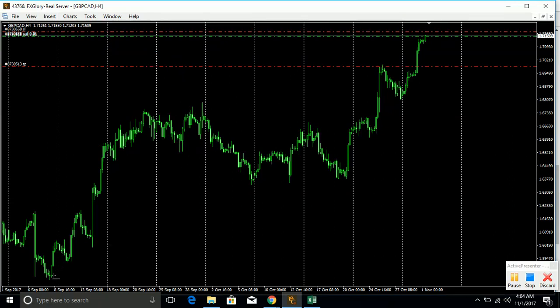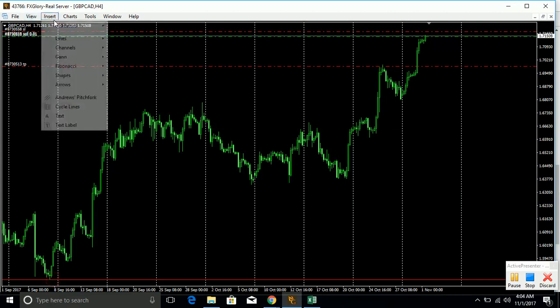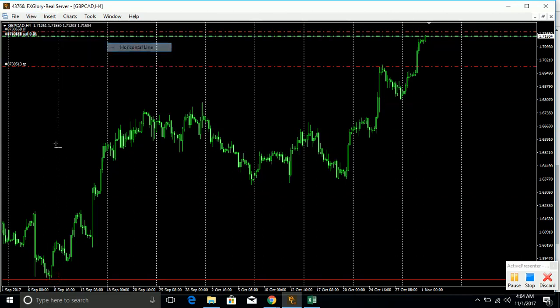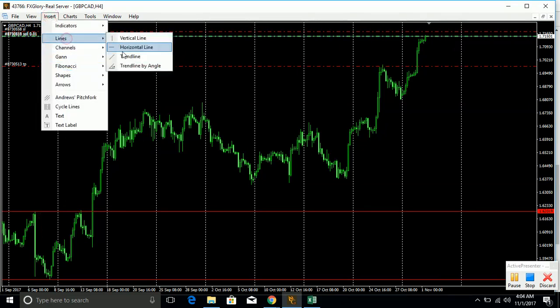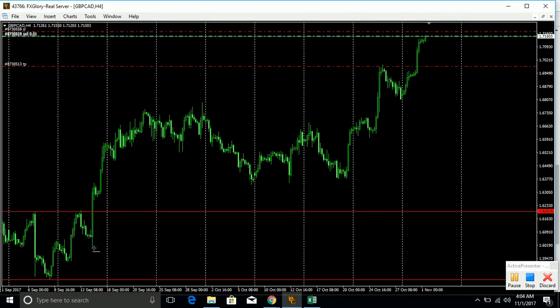Now, in the training video, I did explain that we would use the close of the candles. But during this live training, we're going to use the wicks. So we're going to use the wick here. We're going to use the wick here. We're going to use the wick here.